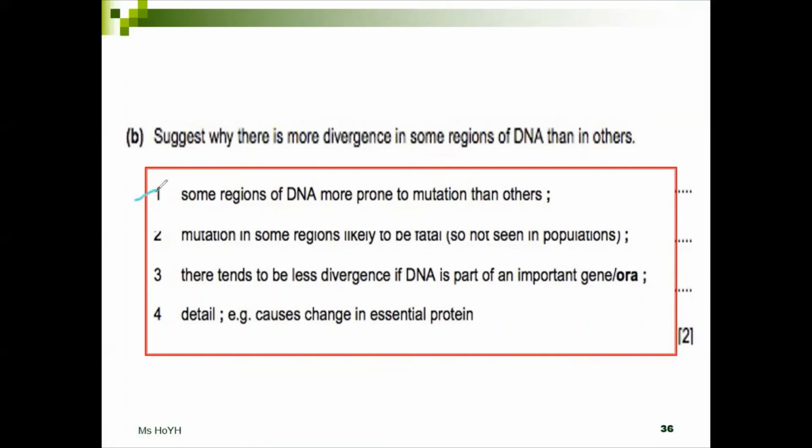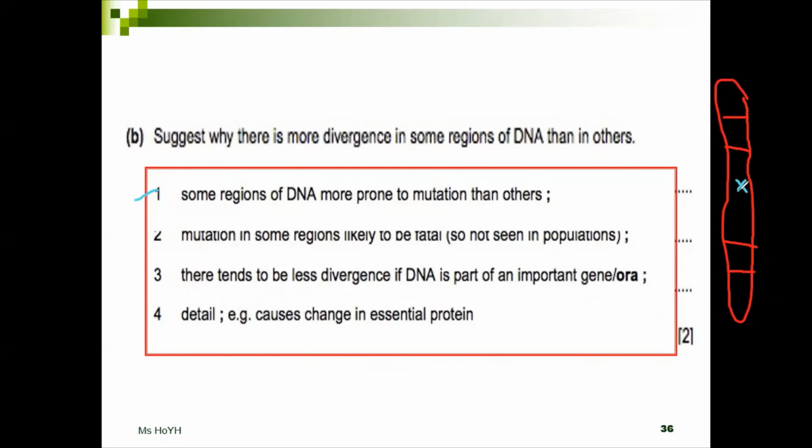Some regions of DNA are more prone to mutation than others. Why? Because mutation can occur anywhere in the DNA. Let's say this is a chromosome and this is a gene on the chromosome. Mutation can occur in the gene and mutation can occur outside the gene. Now, if the mutation occurs outside the gene, is it very serious for the organism?